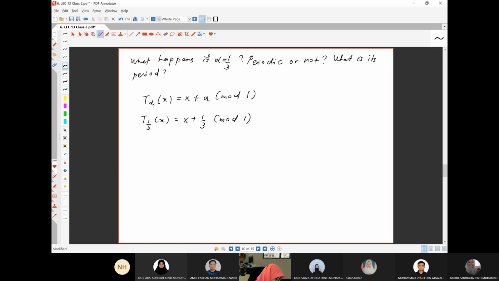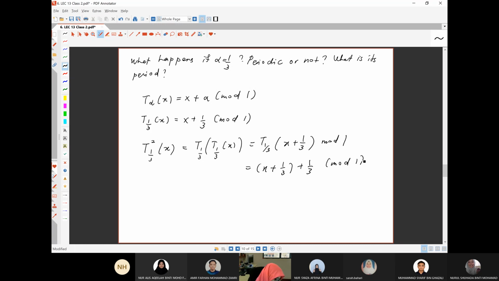Then you find the square, right? T square of this becomes T of T 1 over 3 of x. Correct? So I have T 1 over 3 of x plus 1 over 3 mod 1, and this one is x plus 1 over 3 plus 1 over 3 mod 1.